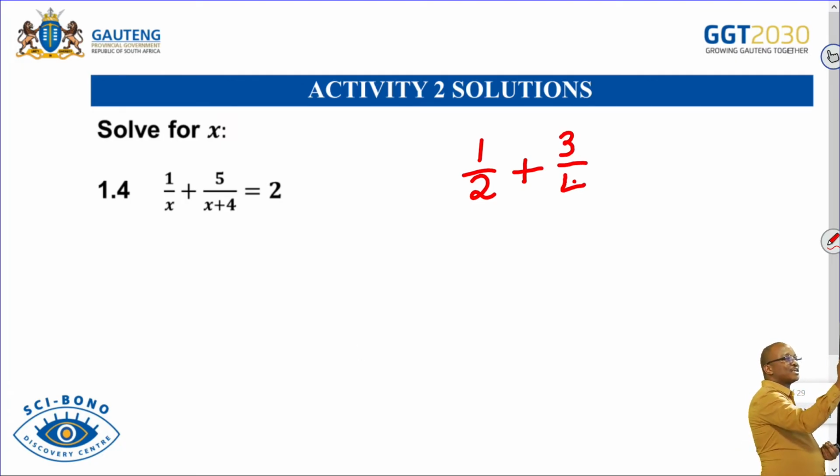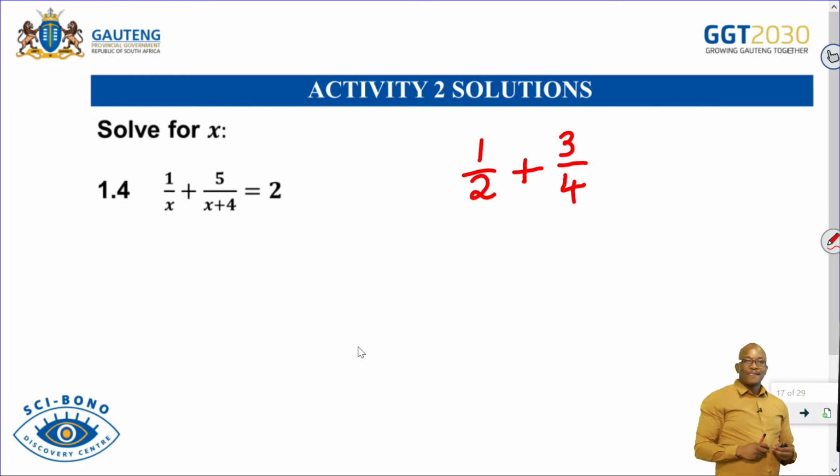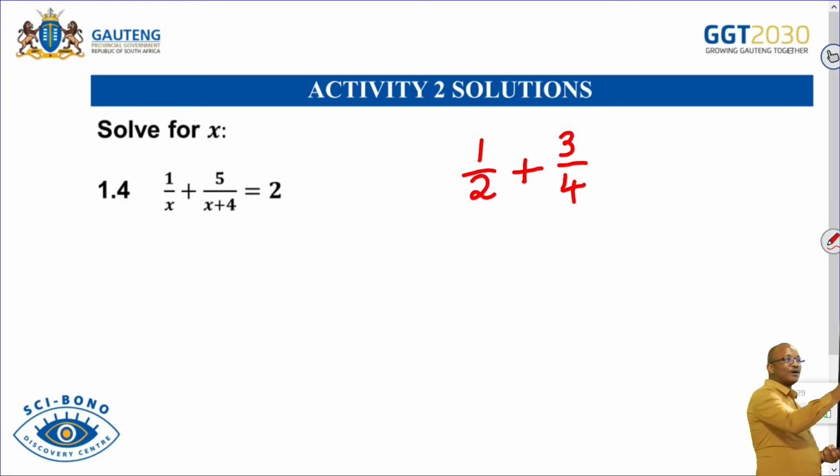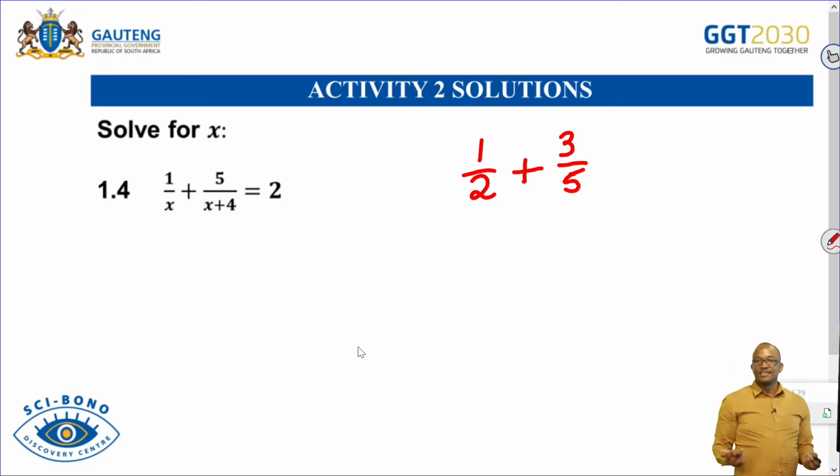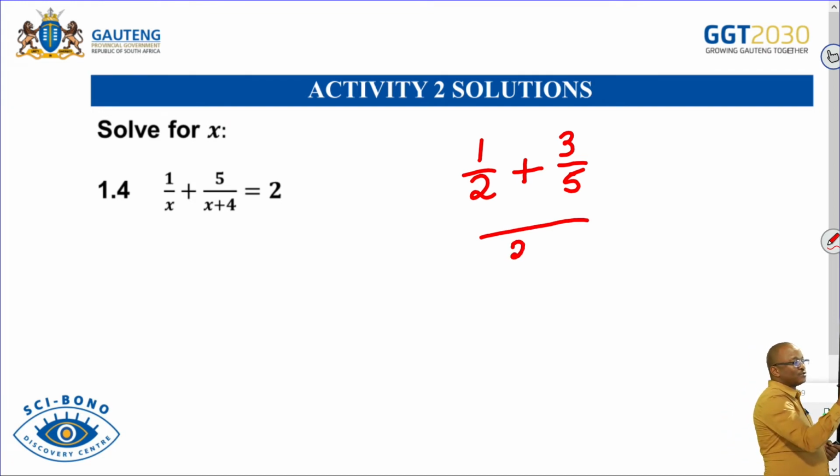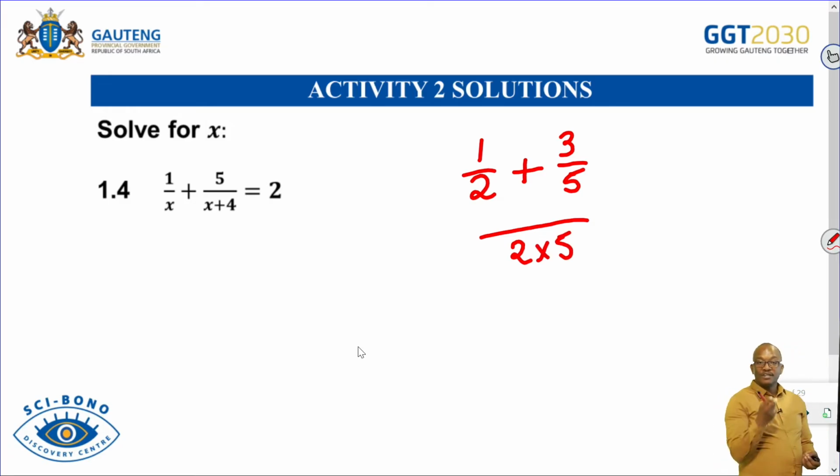If I have fractions like these ones, let me just make another number, let's say 5, so that the bases don't have the same common multiple. So now we will have to say 2 multiplied by 5. That is the correct step to follow when you're adding fractions without using a calculator.